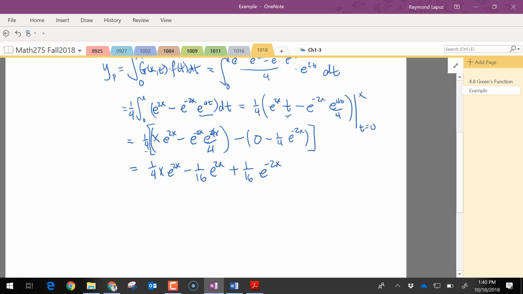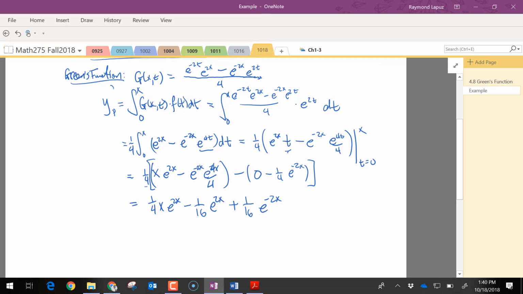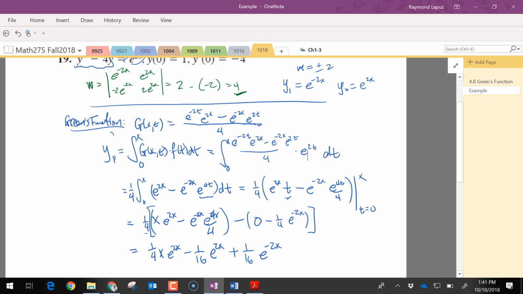Because this is positive, negative. Well. Oh, you know what? We missed something. Y prime of 0 is what? Oh yeah, we didn't use that either.